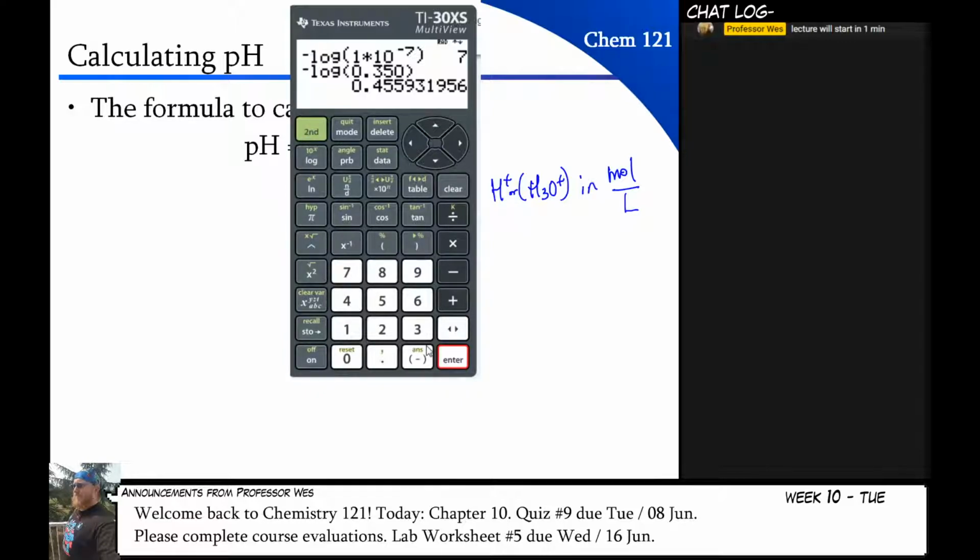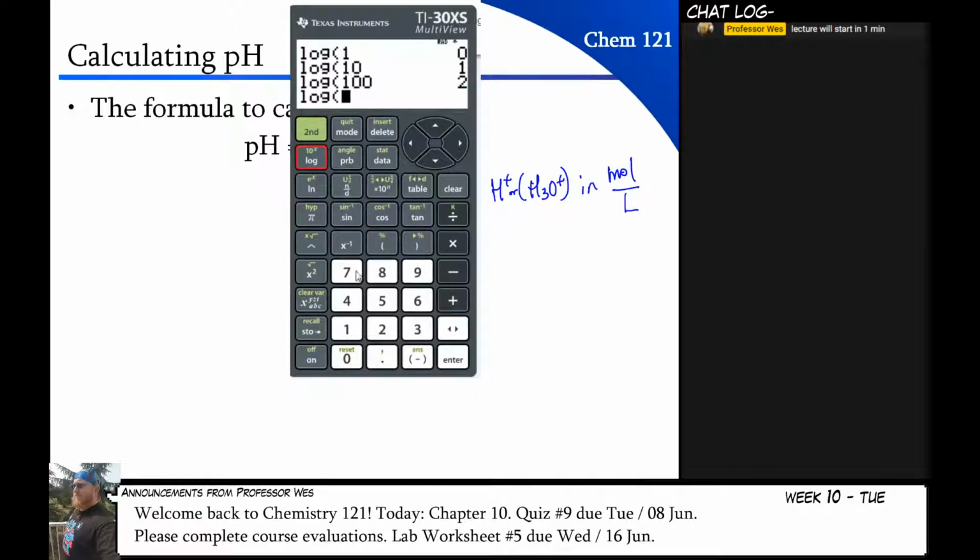Log is an exponential sort of thing. So if I take the log, for example, the log of 1 is 0. But the log of 10 is 1, and the log of 100 is 2. So as I keep going up by a factor of 10, the number that it spits out increases.